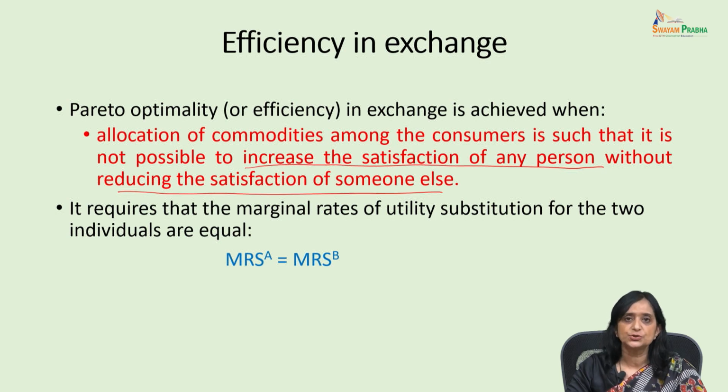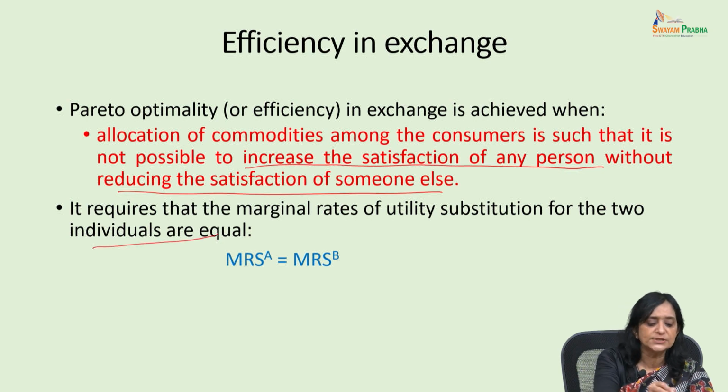And if we really want to see whether this allocation is efficient or not, it requires that the marginal rate of substitution for the two individuals be equal.